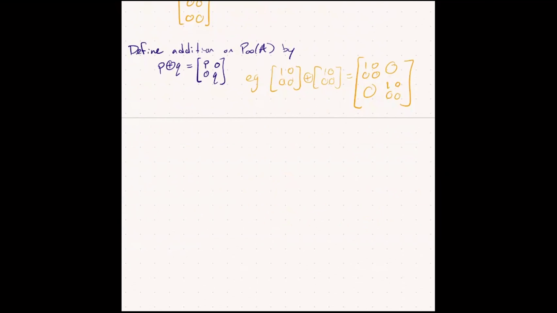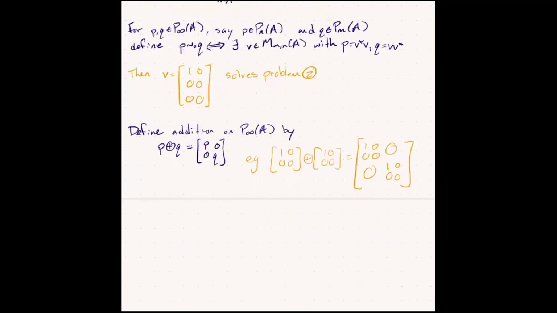Now that we have our notion of addition and we have our amplified Murray-von Neumann equivalence, this makes P infinity of A modulo this equivalence relation tilde 0 into an abelian semigroup.